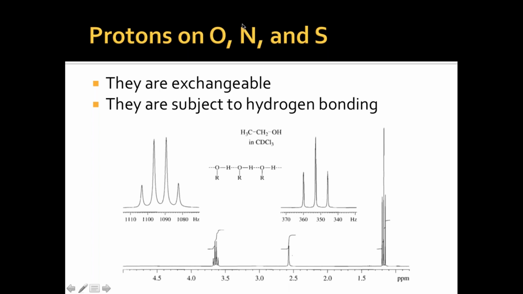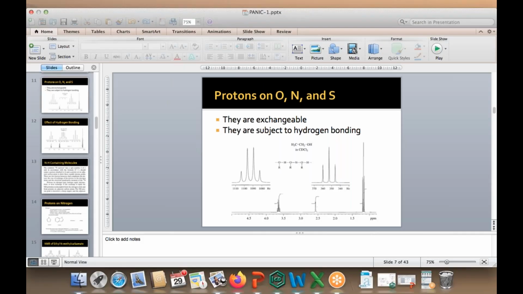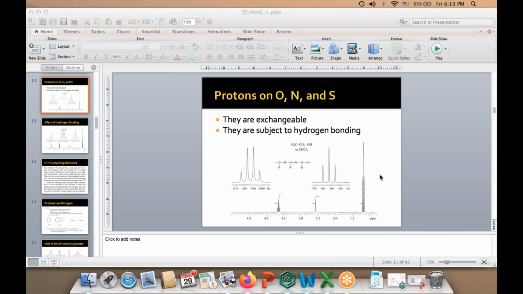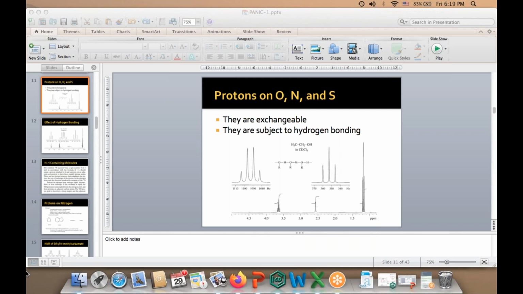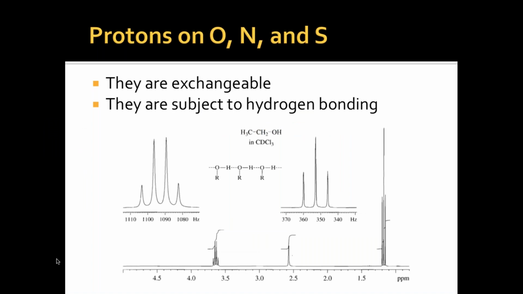So protons on oxygen, nitrogen, and sulfur are exchangeable just because of their high electronegativity, just because of their partial ionic nature. You can see on this slide that protons on oxygen, nitrogen, and sulfur are exchangeable.